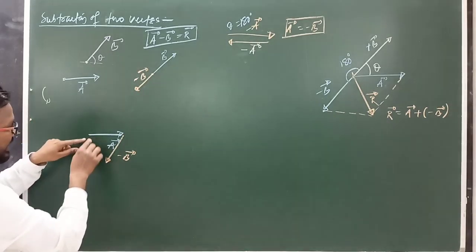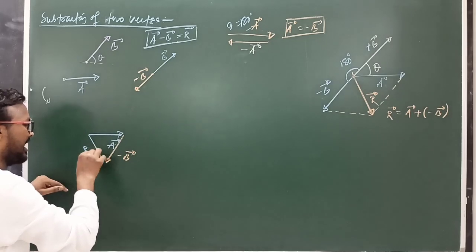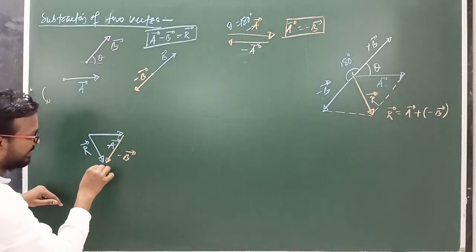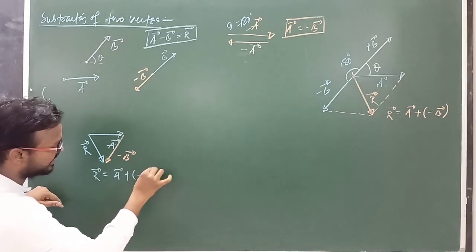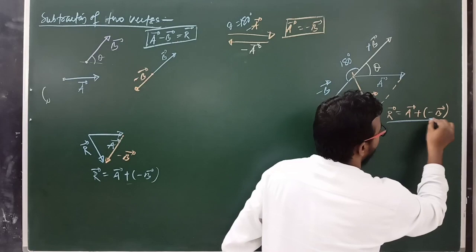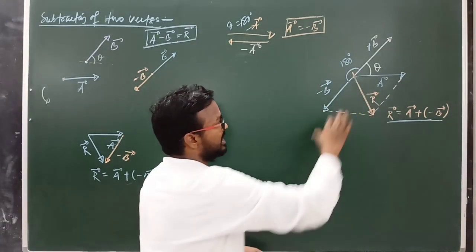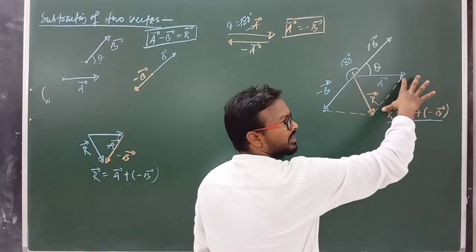Now join their tail to head, and this indicates the resultant vector R vector, and here R vector is equal to a vector plus minus b vector, means a minus b vector, and this is the resultant, means a minus b vector. Or you can shift this b vector here. Clear?